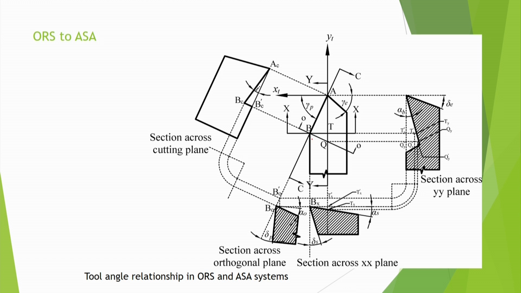Similarly, when I take a section across the cutting plane, my BC looks like a simple straight line and the point B is there. But when I take the section in the cutting plane, I see that BC prime is up and BC is down. That means I am clearly seeing the slope here, because the top view doesn't show me the height.